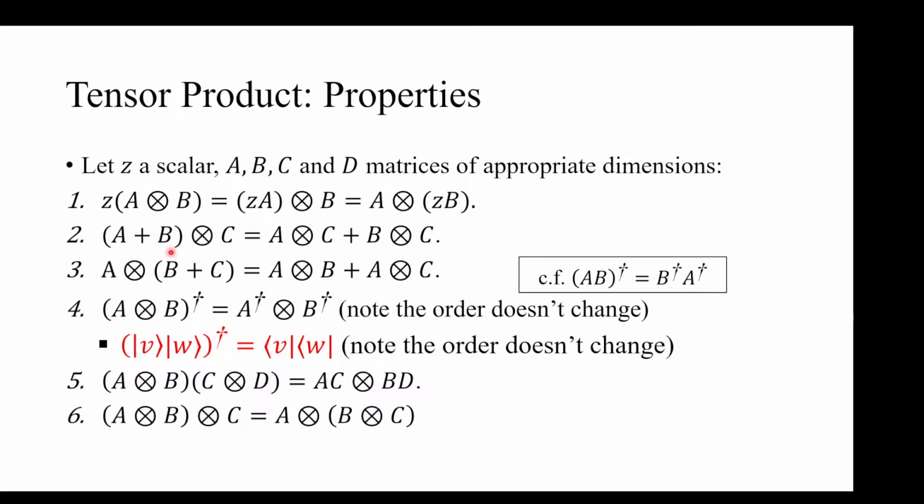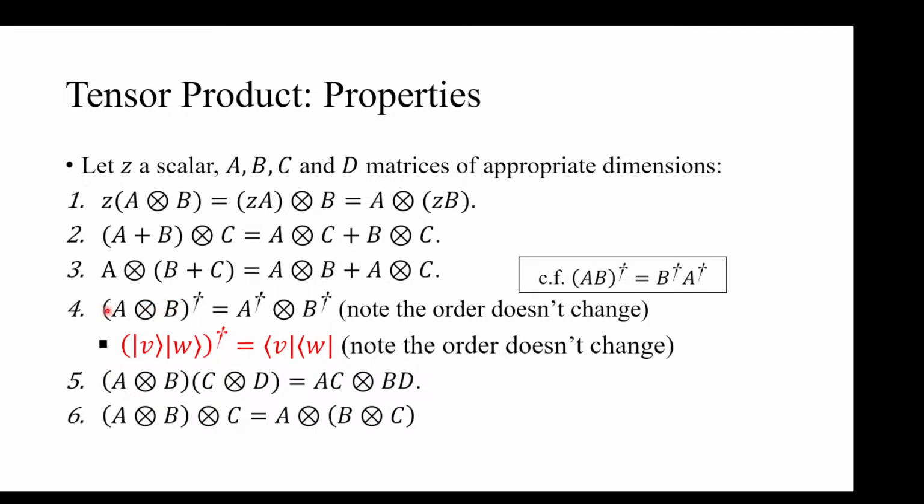It has a distributive law, so (A plus B) tensor C equals A tensor C plus B tensor C, and A tensor (B plus C) equals A tensor B plus A tensor C. Those are the basic rules you would expect for a product. Then there are more special rules.